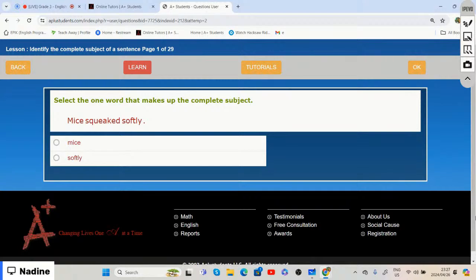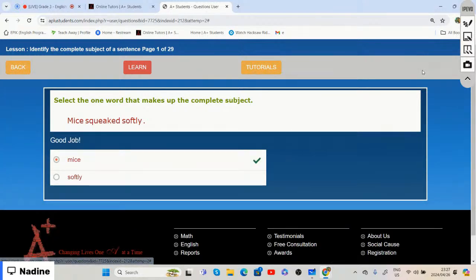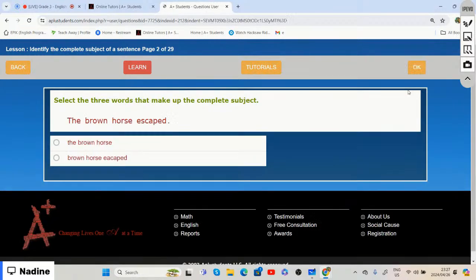Is it mice or is it softly? All right, so if we were to choose our correct subject, then mice is our subject. It tells us who squeaked softly or what squeaked softly. So well done. Mice is correct.